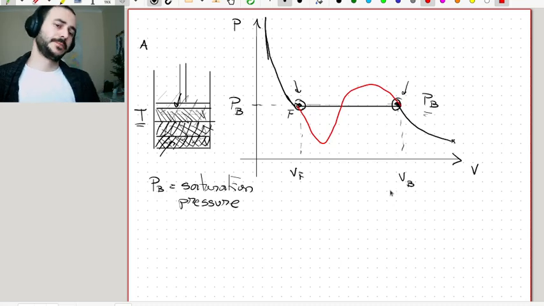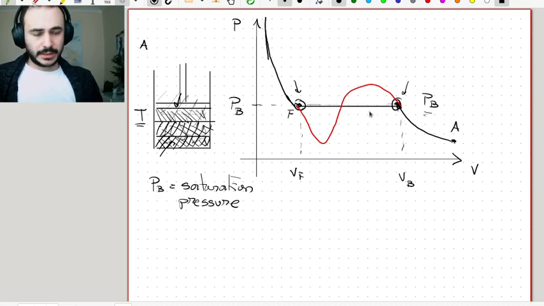I start in state A, and both the van der Waals equation and I agree up to B, and then what I see in reality is this D, we go to this point D, E, F, and that's it.